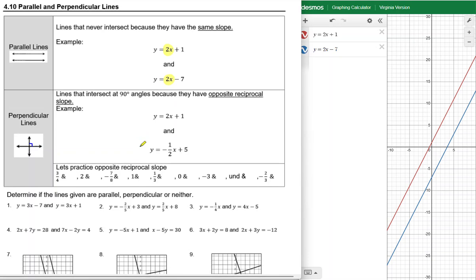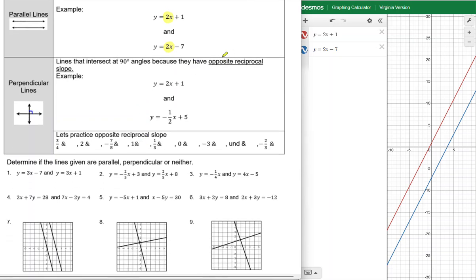All right, perpendicular lines have opposite signs. That's what I mean when I say opposite. The signs are opposite. So if one is positive, one is negative. So for example, this is a positive slope and this is a negative slope. If this is a negative slope, then this would be a positive slope.